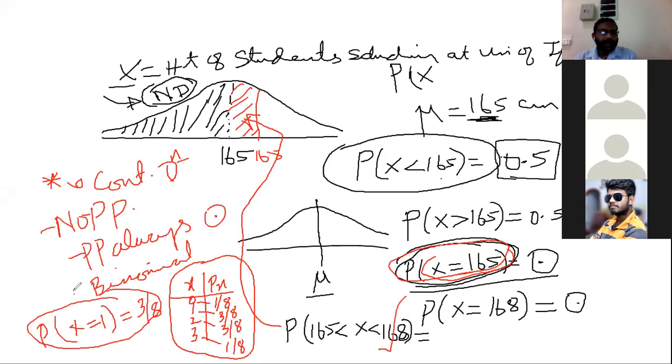In binomial distribution, you have the point probability. The binomial distribution is a discrete distribution. In a discrete distribution, generally, point probability can be found. In a continuous distribution, there is no point probability.